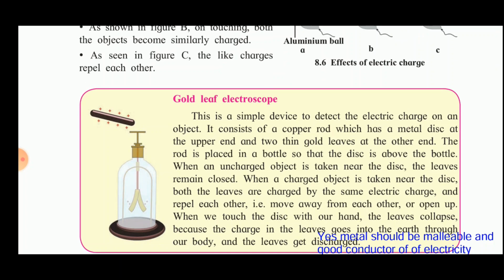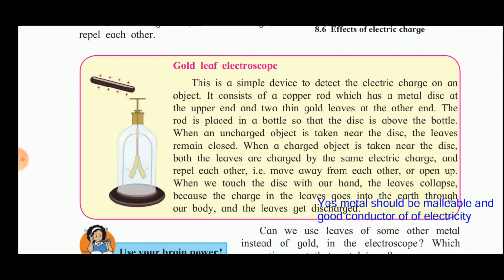Now let us next see the gold leaf electroscope. It is a simple device used to detect the electric charge on an object. It consists of a copper rod which has a metal disc at its upper end and two thin gold leaves at the other. The rod is placed in a bottle so that the disc is above the bottle.